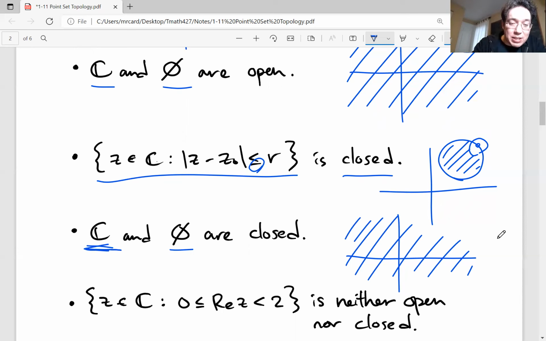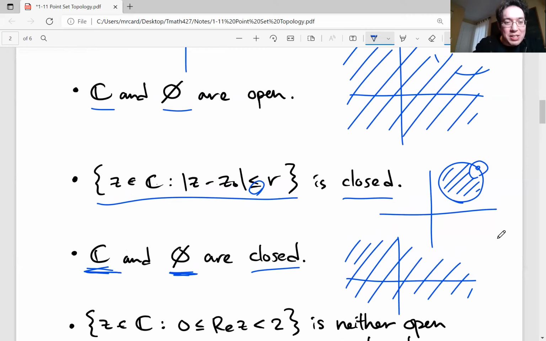So the complex plane is considered closed. The empty set also doesn't have any boundary. So the empty set contains the empty set, so it is considered closed. So notice the complex plane and the empty set are both open and closed. Sometimes these types of sets are called clopen. And as far as subsets of the complex plane go, those two are the only examples like that.